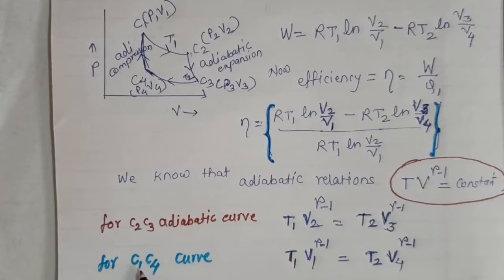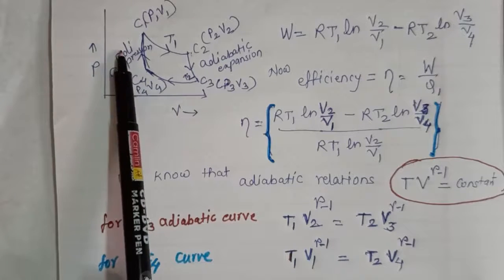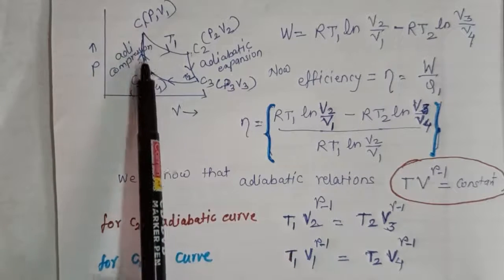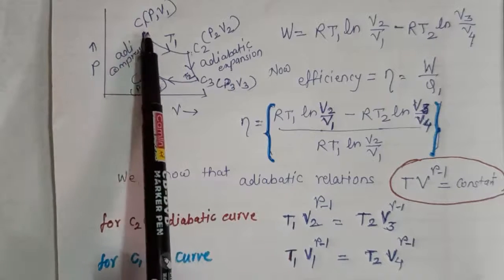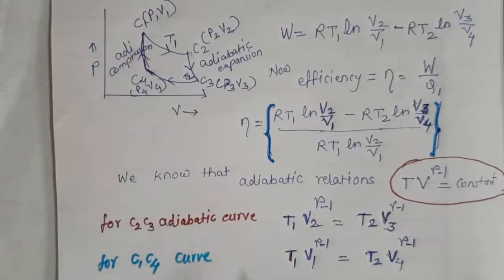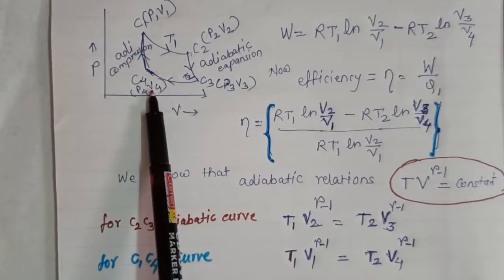For another adiabatic curve C1, C4, the gas undergoes adiabatic compression, and the adiabatic relation for C1, C4 curve is T1 V1 raised to gamma minus 1 is equal to T2 V4 raised to gamma minus 1. Here T1 V1 raised to gamma minus 1 is at point C1, and at point C4 the volume is V4 and temperature is T2.